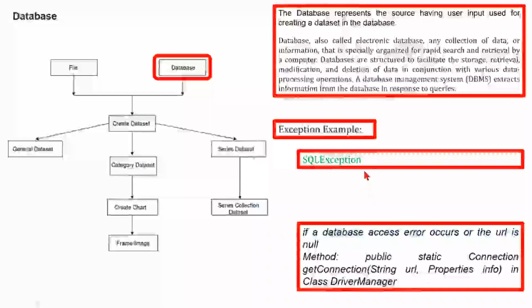As an exception example, we can consider SQL exception. It is thrown if a database access error occurs or the URL is null in method public static Connection getConnection(String url, Properties info) in class DriverManager.